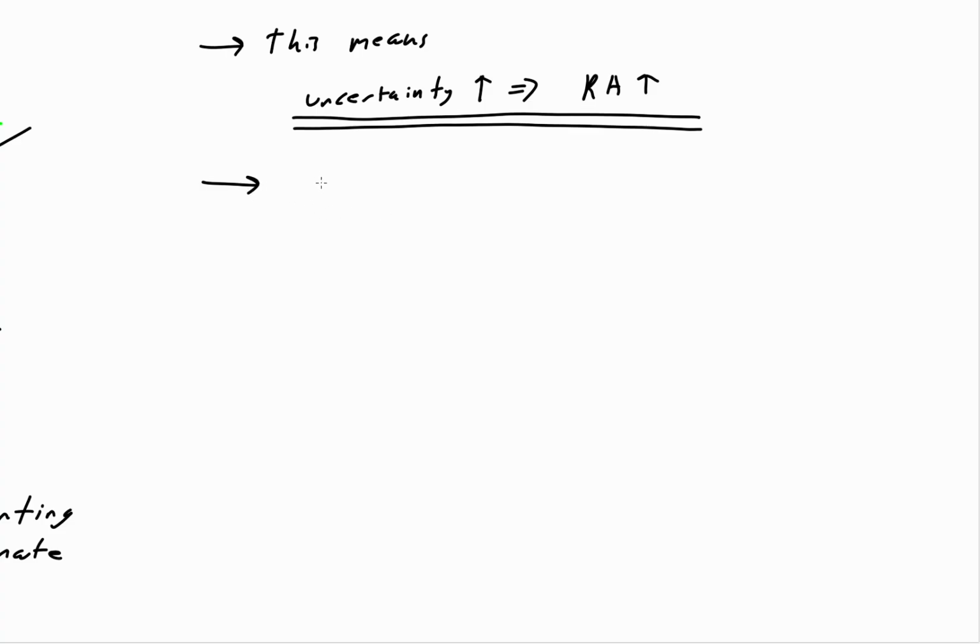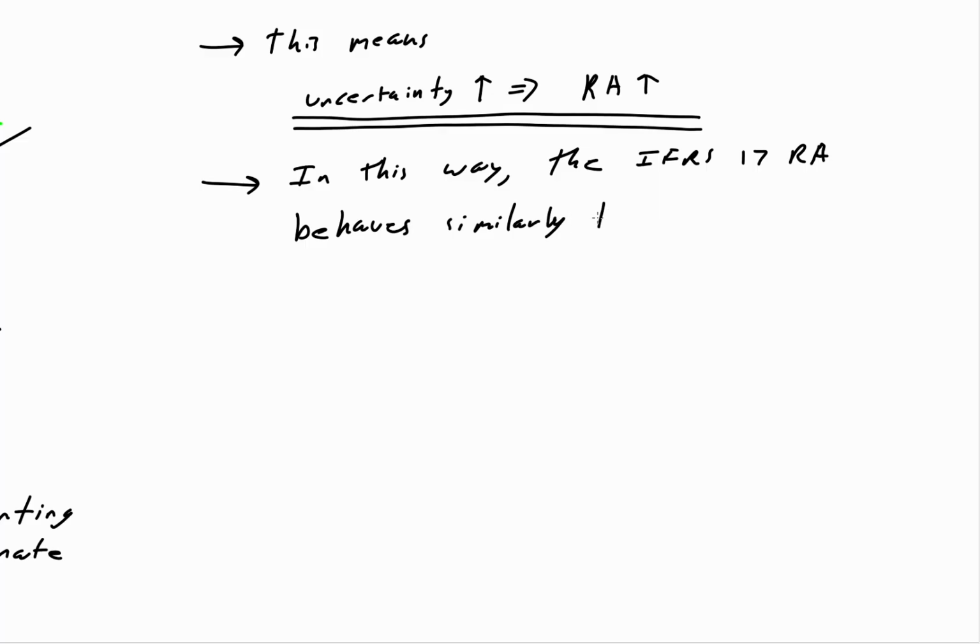Let's write this out. In this way, the IFRS 17 RA behaves similarly to the SCR or the risk margin under Solvency II.